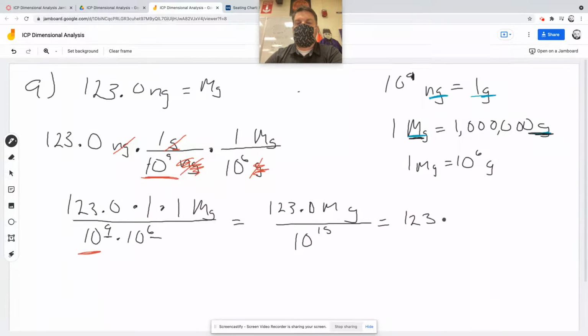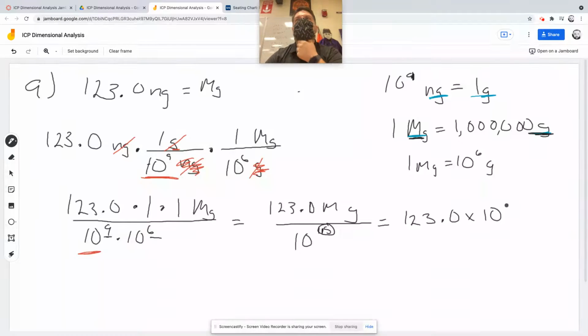But what I could do is say 123.0, whoops, I don't want to put the megagrams yet, times 10. Now this is an interesting thing. If I have 10 to the 15 on the bottom of a fraction and I pull it up and toss it up to the top, what happens to that power? Catherine knows, she doesn't want to guess it.